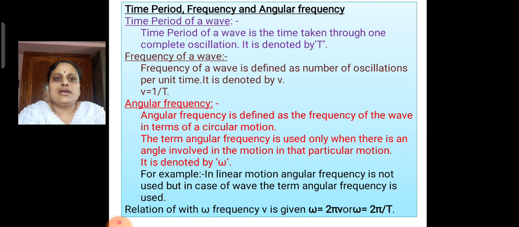It is denoted by nu, and nu is equivalent to 1 by the time period. Angular frequency is defined as the frequency of the wave in terms of circular motion. It is denoted by the symbol omega. We know omega = 2πν, or omega = 2π/T.